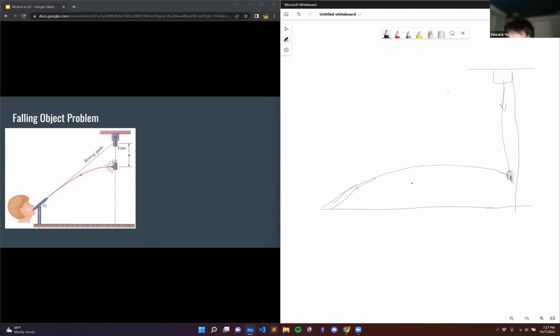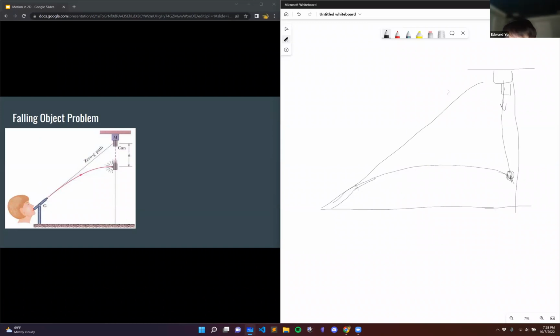So the bullet would have to hit the can as well. Would you have to shoot it above where the can is supposed to be? Let's say the can's right here. Would you have to shoot above the can, at the can, or below the can?